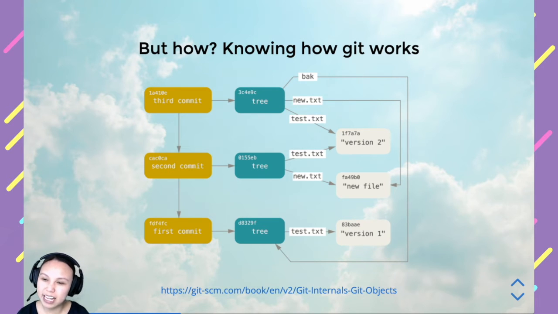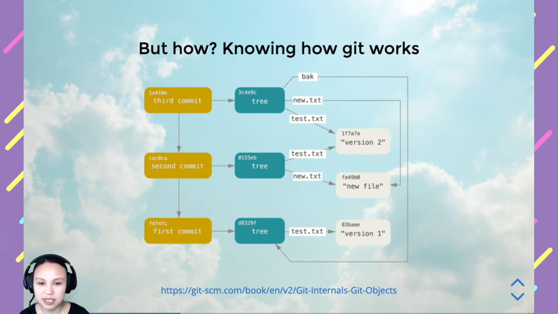Maybe I add another line. I open it and make some changes to it. So okay, I'm ready to tell Git to save my work. So like I said, git add and then git commit. This is my second commit, and I tell Git that it's fine.